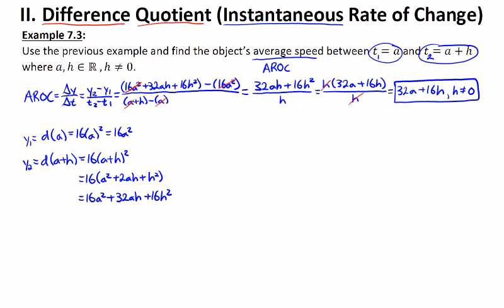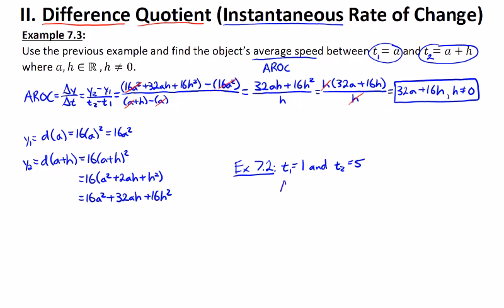Now, before I finish this video, I would like to take the time to make a good connection with this and example 7.2. So in example 7.2, we had t1 equal to 1 and t2 equal to 5.